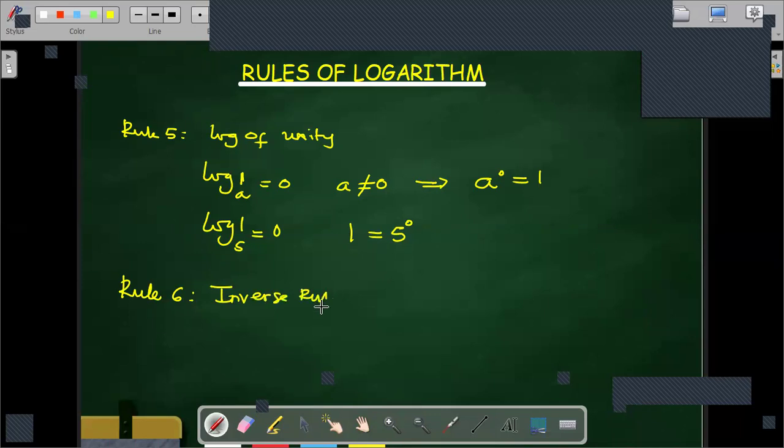The inverse rule of logarithm is, if you have a number a raised to the power of logarithm of m to that same base a, this is the same as saying we have m.